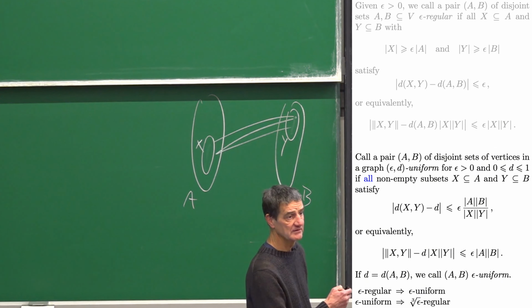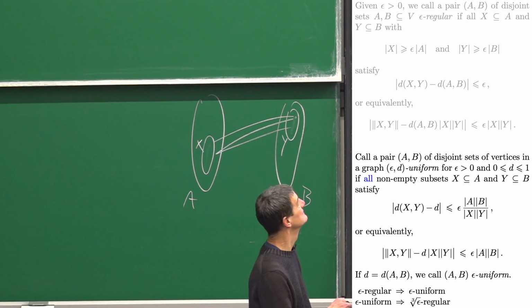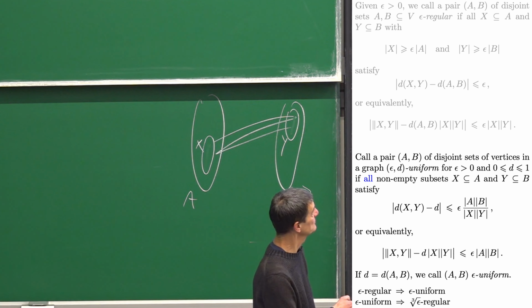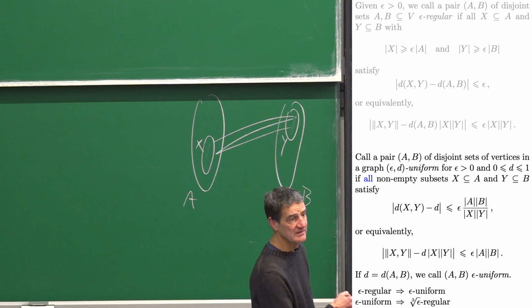So when I say or write epsilon regular, I mean it. Okay, and when I really want to mean and use the uniformity definition, as in the statement of the counting lemma later, then it'll be there explicitly.